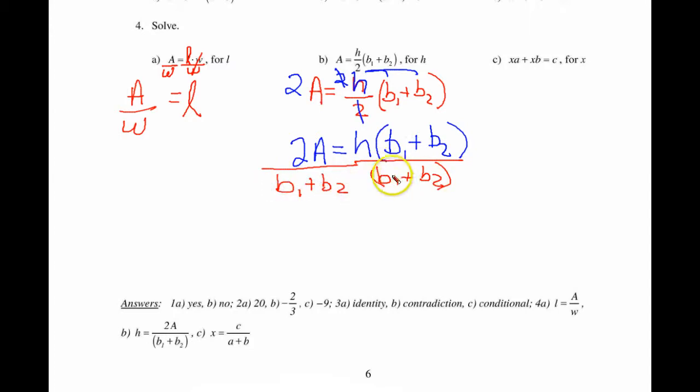I'm dividing both sides by what is with the letter H. So this then cancels out, and that is my answer right there. They even put that in parentheses, but no big deal.